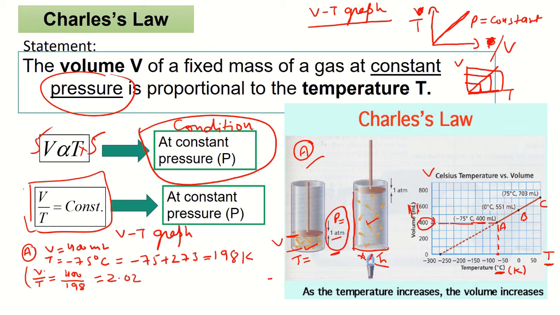So this is the value of the ratio V over T at point A.